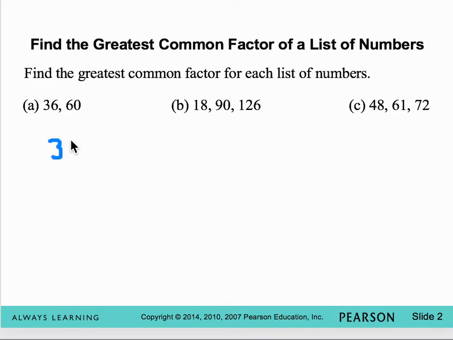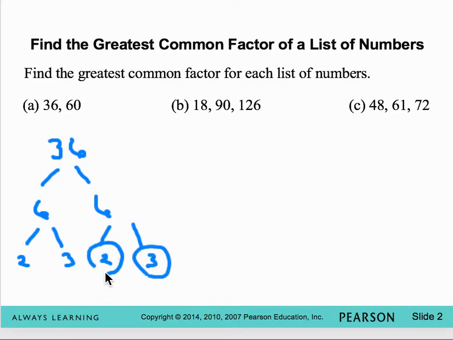Let's do 36, which is 6 times 6, and then each 6 is 2 times 3. Okay, our prime factorization. That means this is 2 squared times 3 squared.